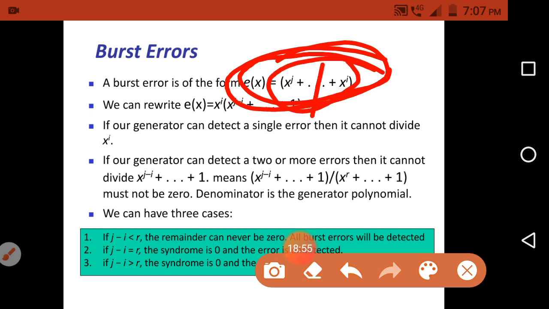If there are two errors, x raised to j and x raised to i are enough to detect the positions of those errors. But if more than two errors are there, we require some additional terms to represent them.